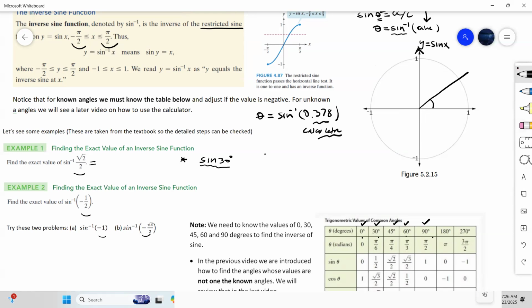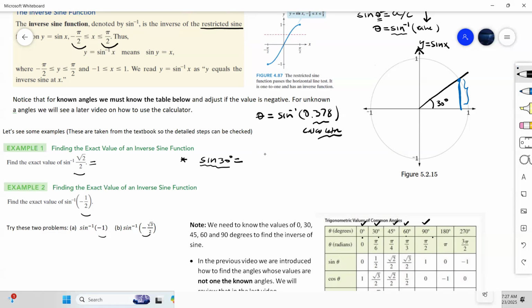Let's imagine that this is 30 degrees. Okay? When you're asked this question, this is what your answer should be. They want you to find this blue line right here. Okay? This length is sine of 30 degrees.